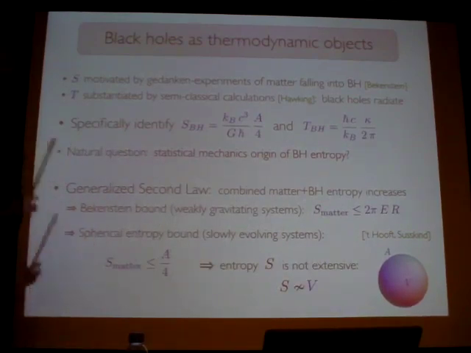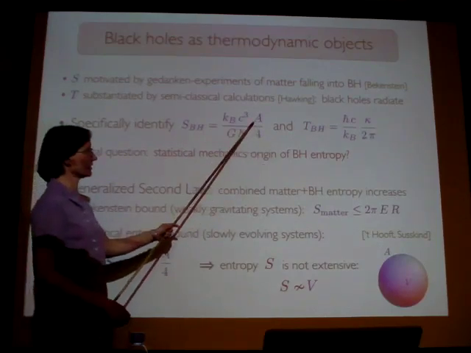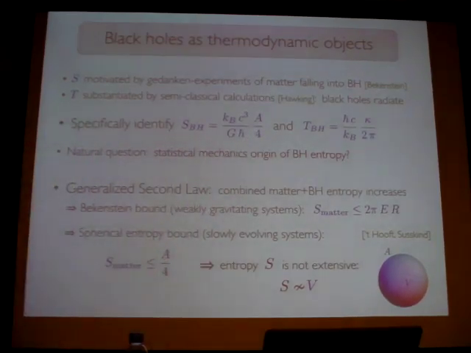Which follows from the fact that, well, if all of that matter collapsed into a black hole, it could not have any more entropy than that. So in fact, black holes are the most entropic objects in the universe.